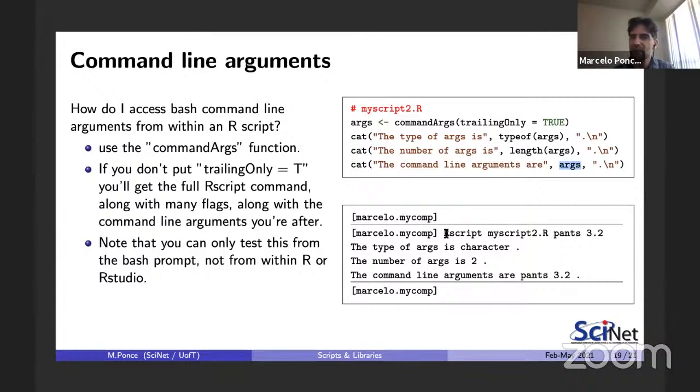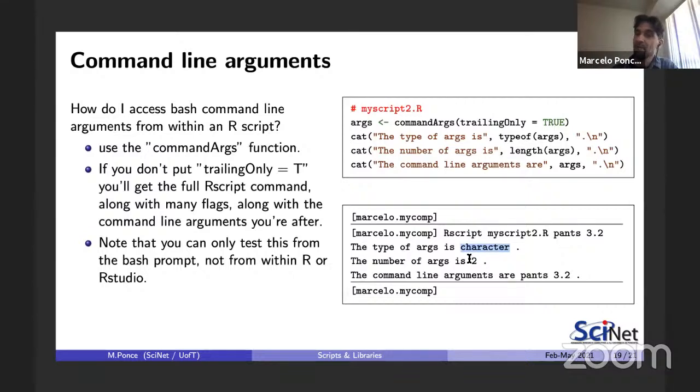So for instance, if I run Rscript myscript2.r, and then I write two extra things, this is what we usually refer to as command line arguments. In this case, I had two things, pants and 3.2. These are arguments that are passed to my script that is run through Rscript. So in this case, it says the type of argument is character because these are strings, as I told you.